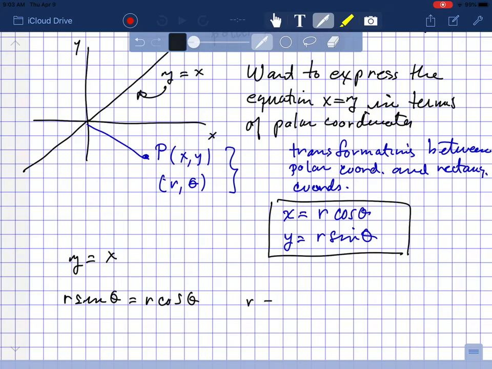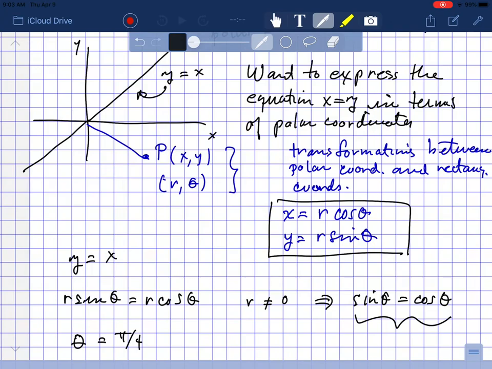And if I'm assuming that r is not equal to 0, this implies that the sine of theta is equal to the cosine of theta. And what do we know about this basic trig equation? Well, that implies that theta is equal to pi over 4, or any integer multiple of 2 pi plus pi over 4. Okay?